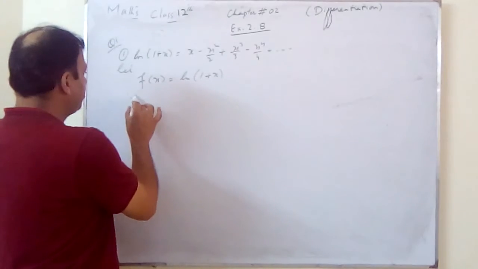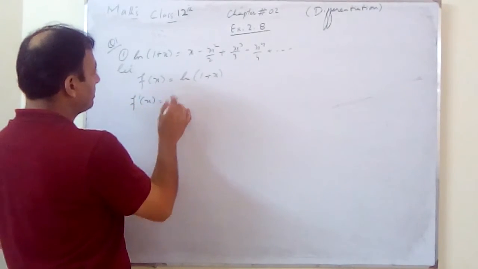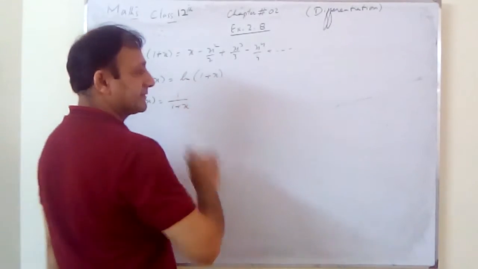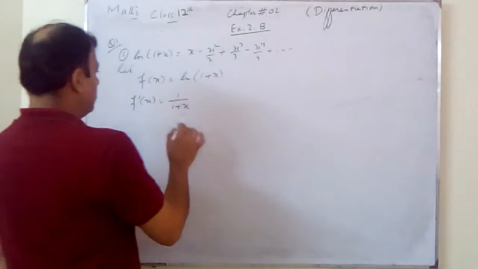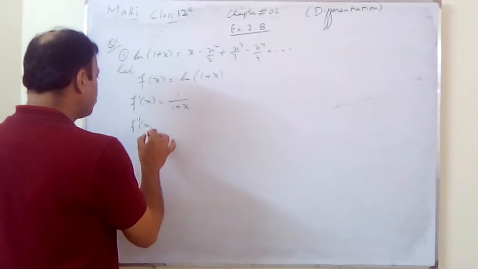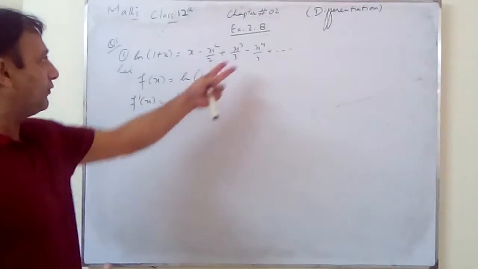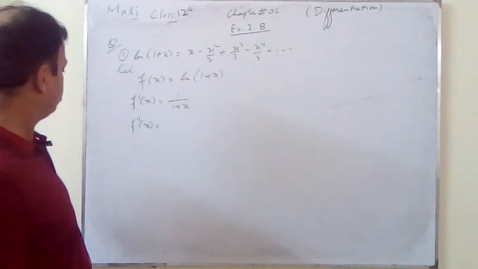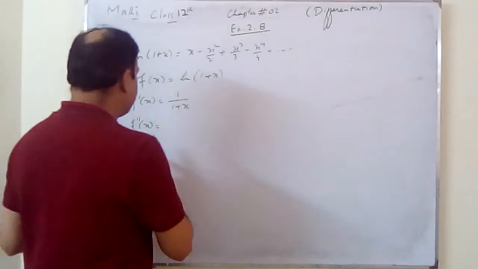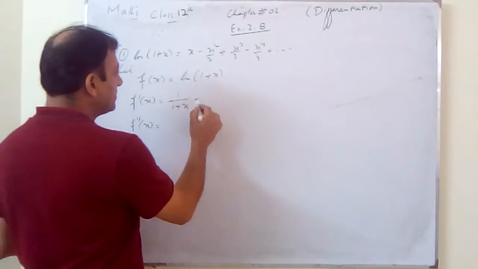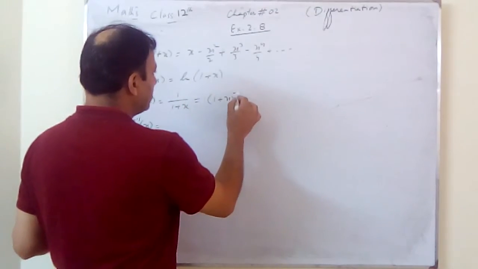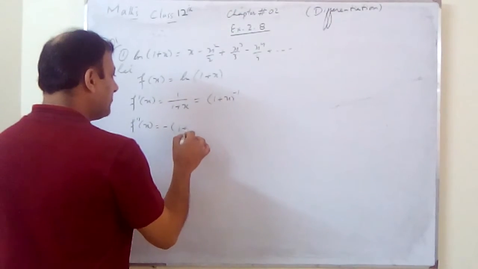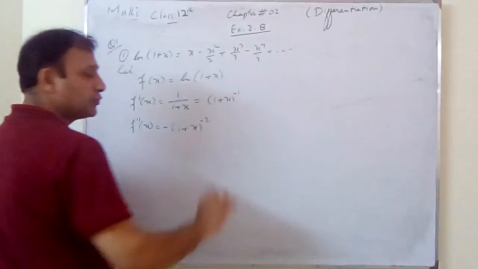First derivative, what is the first derivative? 1 over 1 plus x. Second derivative: at least since x power 4 is there, we take 3, 4 derivatives. What is the derivative of this? You may also write it like this: 1 into 1 plus x power minus 2, with a minus sign.